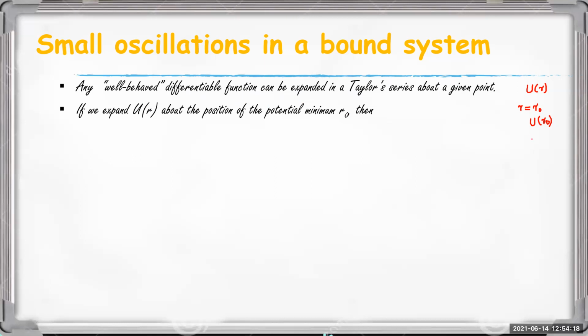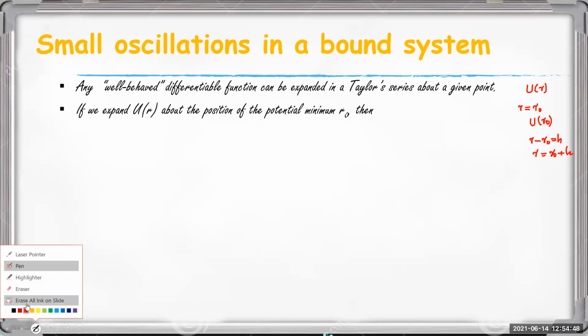Actually here r minus r0 is equal to h, or r is equal to r0 plus h. As h is very small, we can neglect the higher terms. I write the expansion as we did in the previous slide.